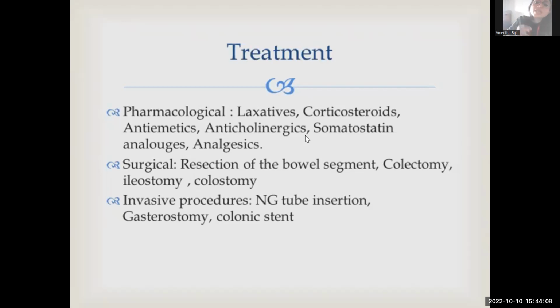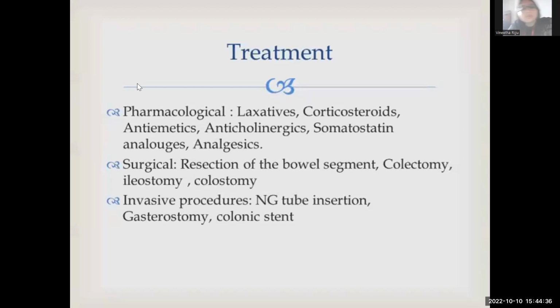So somatostatin is an anti-secretory agent which helps to bring down the production of secretions, right? So like octreotide. And the patient is also having severe pain. You can put the patient on analgesics, step 1, step 2, step 3. The choice is yours according to the pain score of the patient.